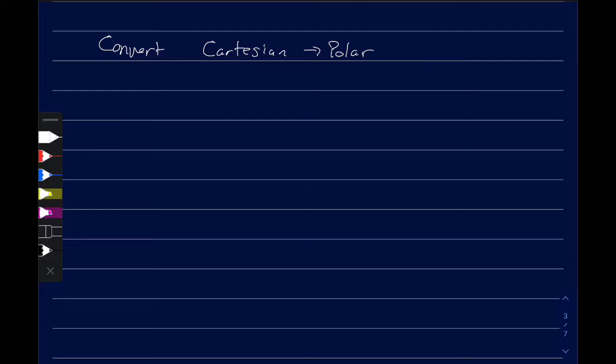Now, how can we do this conversion? Well, we're going to look at our graph again, and we're going to pick any point (x, y), and instead of just imagining that there's a line there, we're actually going to draw a line and drop down perpendicular to the x-axis. Now, we still have our angle theta, and we have our r.